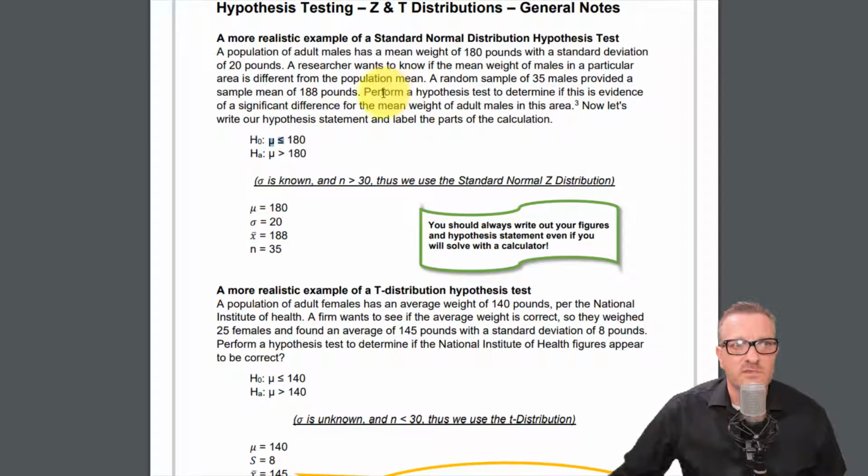So when we look at the statement here that we're testing to determine if there's a significant difference, and the assumption is that they are heavier, then we're going to say that our null hypothesis is that they are equal to or less than.